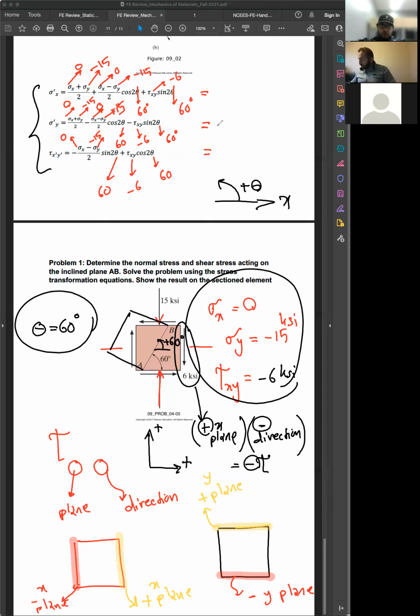We would say 0 minus 15 over 2, plus 0 minus 15, which would be plus 15, times cosine of 120 over 2, plus negative 6 times sine of 120.